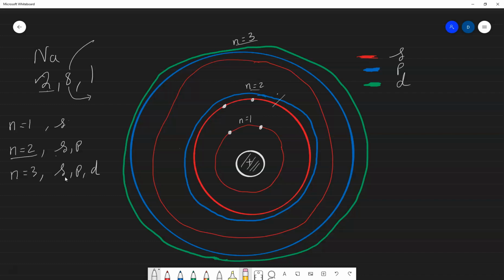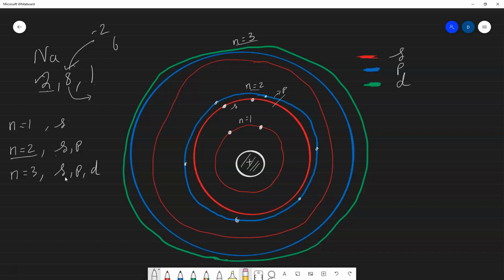So out of 8, take away 2. The 2 are in the S subshell. The remaining 6 are in the P subshell. That's it. So altogether in shell number 2, you have 8 electrons: the two in the subshell S and the remaining 6 in the subshell P. Then we are done with this one.